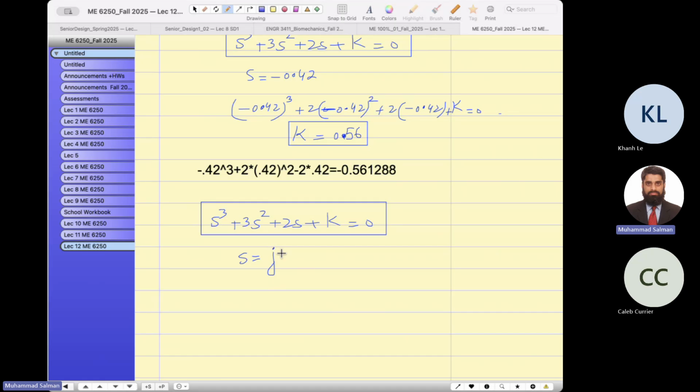That will give me the location of the gain value over here where s equals j omega. So let's plug it in over here. And how are you going to find it? Look, j omega cubed plus 3 j omega squared plus 2 j omega plus k.